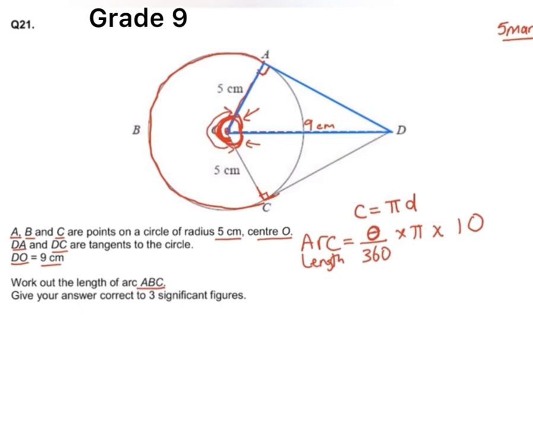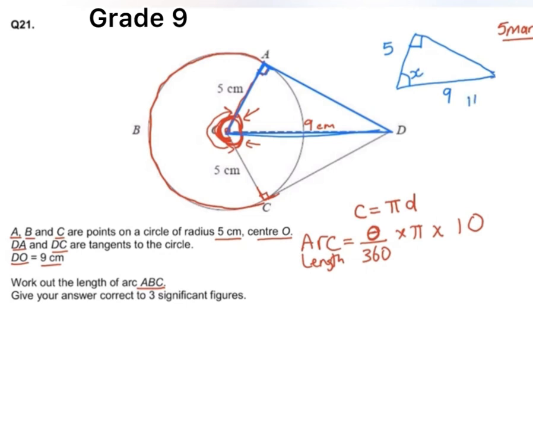Now, it's a right-angled triangle because the radius and a tangent make a right angle. If I take this triangle out, this is the right angle, this is 9, and this is 5, and this is the angle that I'm trying to find out.